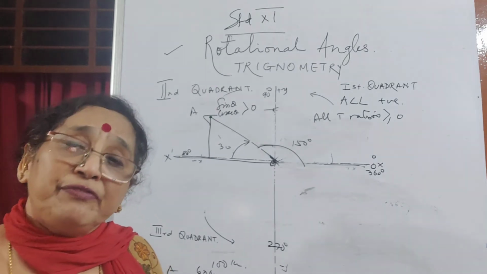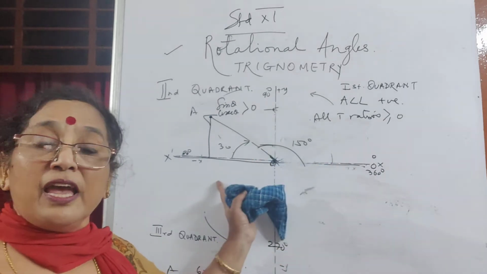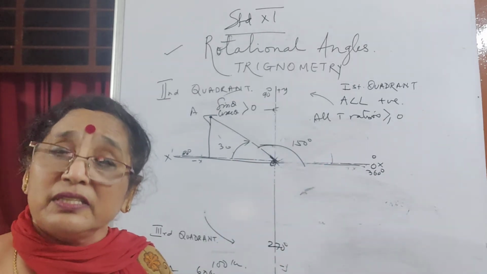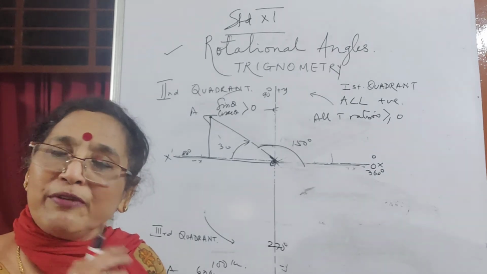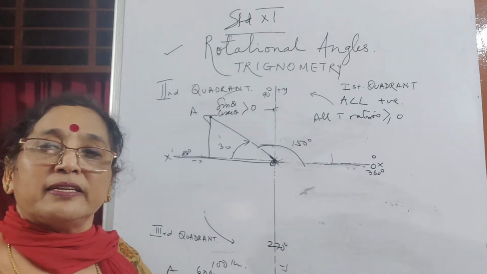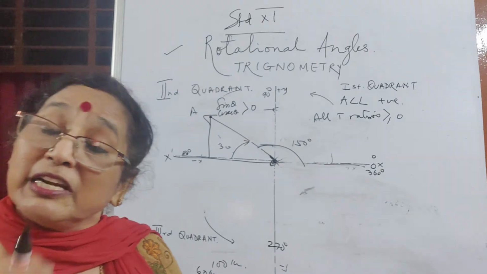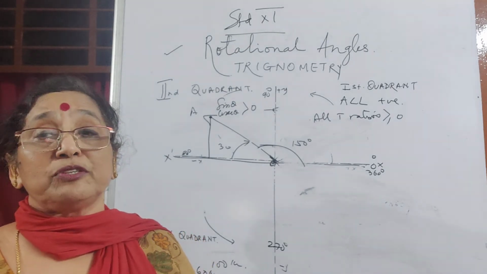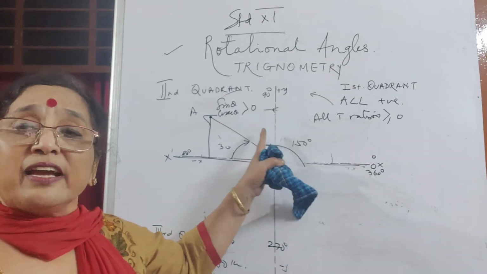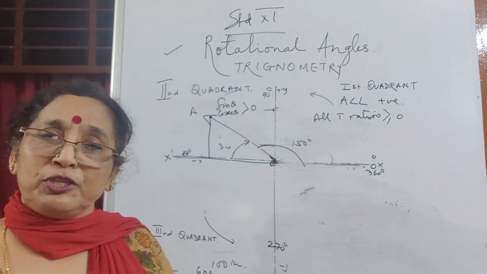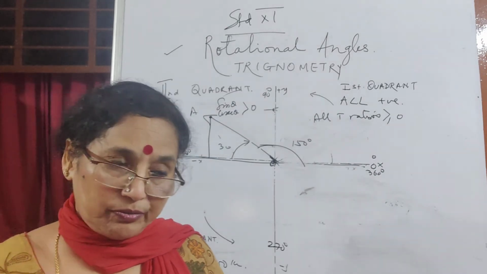Meaning sine 150, the supplement is sine 30, will be positive half. I'll tell you why. Cos 150 is the same as cos 30 but in reverse direction, so it will be minus root 3 by 2, because cos 30 is root 3 by 2. Cos, sec, tan, cot of obtuse angles will be a negative value. I'll tell you why later on.